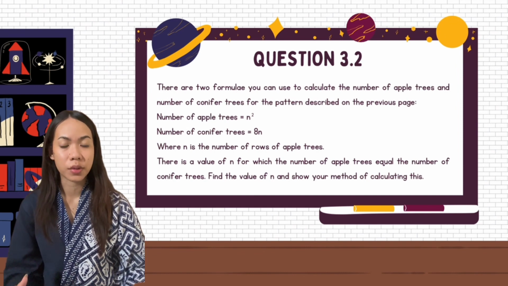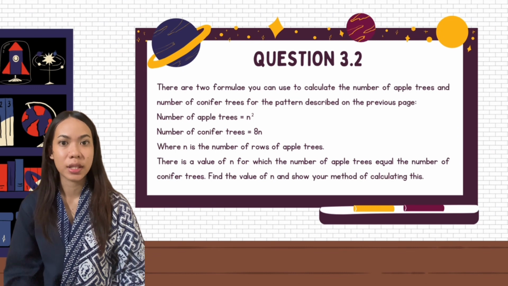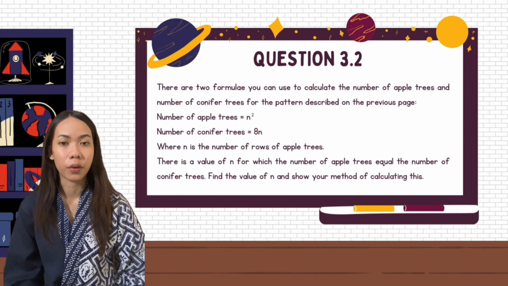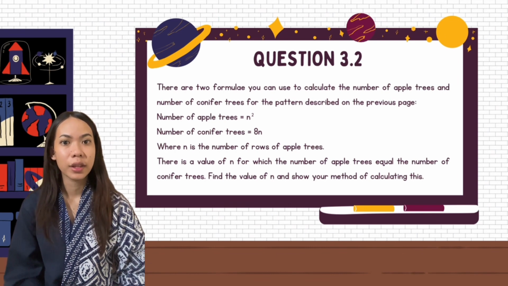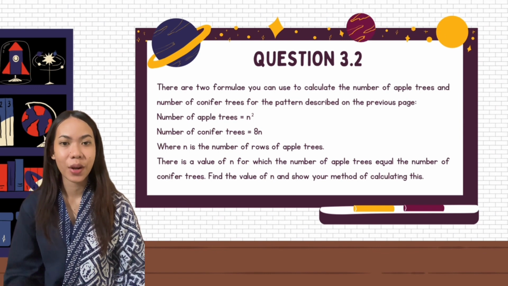Number of conifer trees equals 8 times n, where n is the number of rows of apple trees. There is a value of n for which the number of apple trees equals the number of conifer trees. Find the value of n and show your method of calculating this. Okay, let's solve question 3.2.